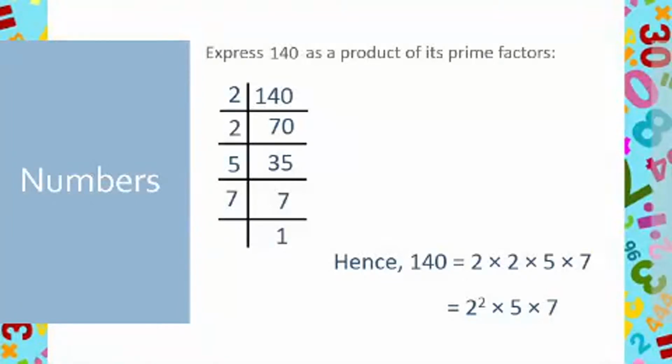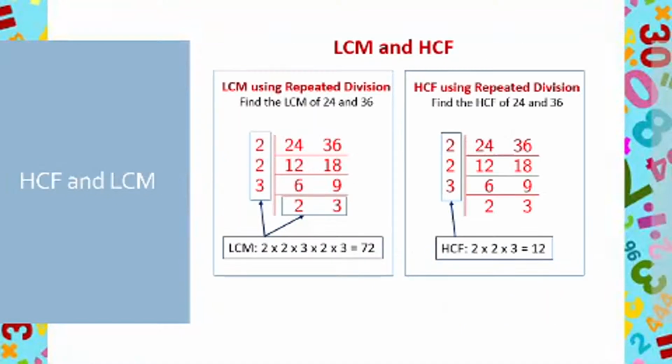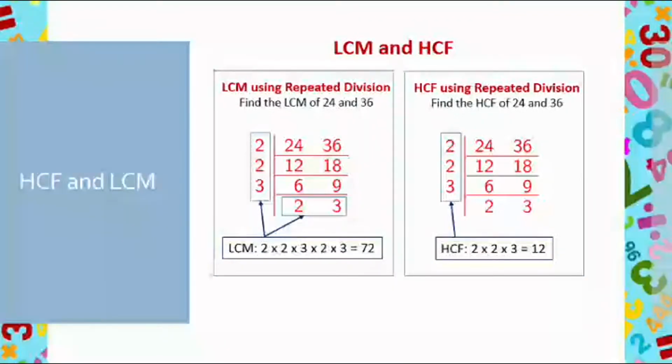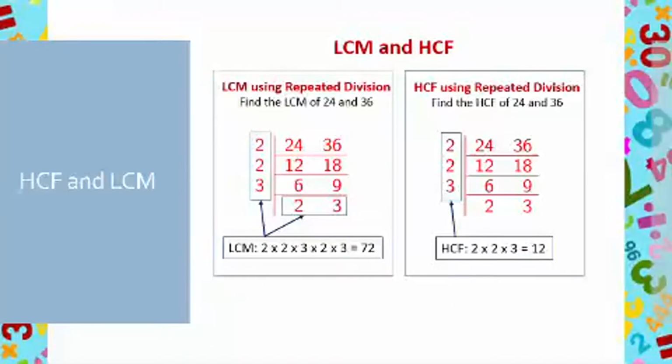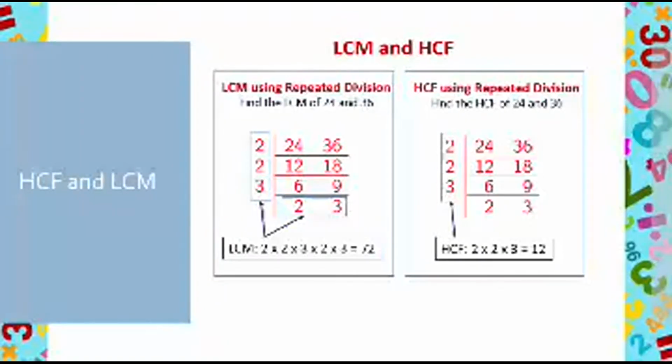And using these prime numbers, further you can find the LCM and HCF. Here, it is explained with an example: finding LCM of 24 and 36 and finding HCF of 24 and 36.